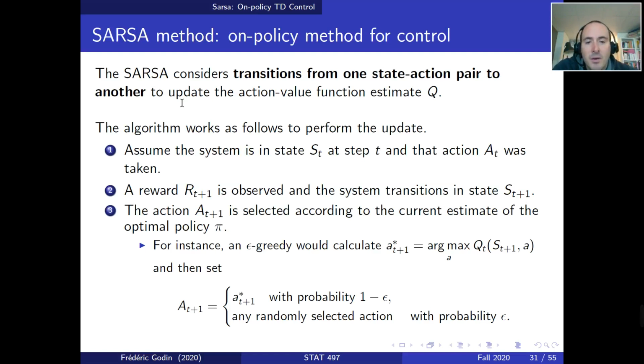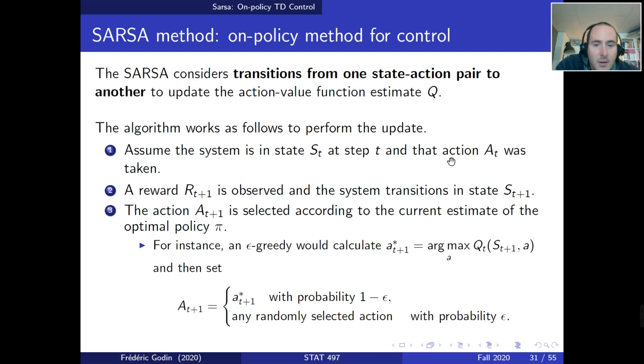Okay, so the algorithm works as follows to generate the various episodes and to refine the estimates of the Q function, which is the action value function. Assuming that in an episode, your system is in state S_t at time t, you've taken an action A_t in that state.